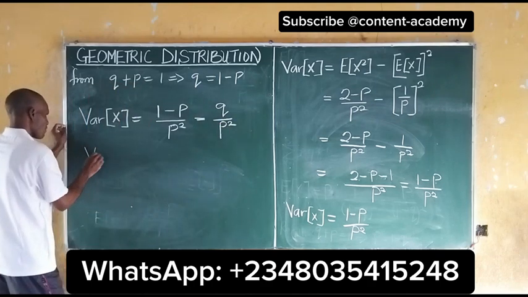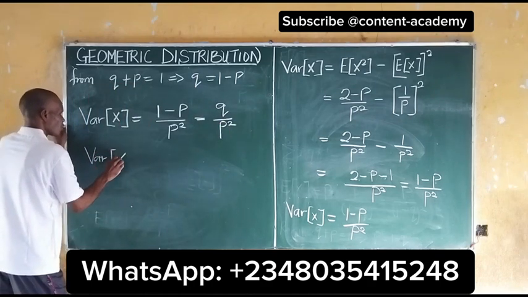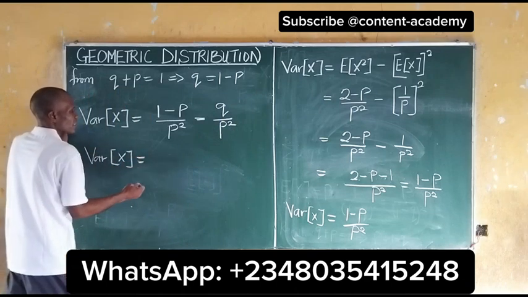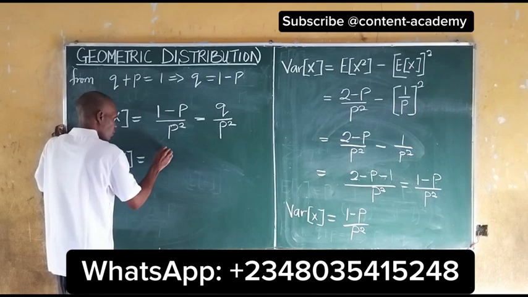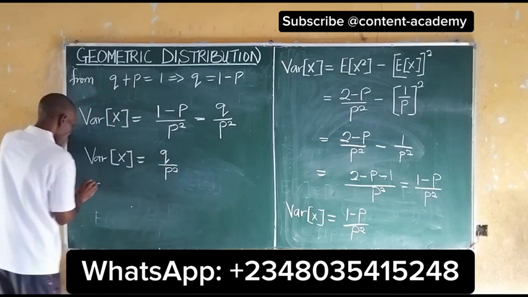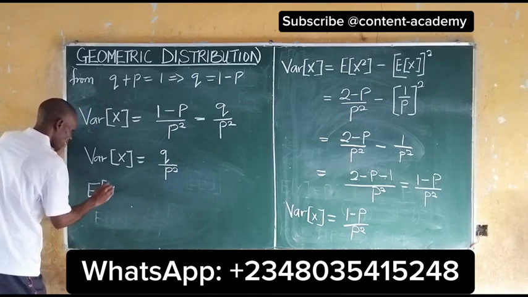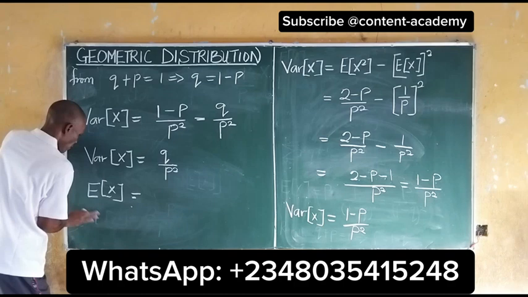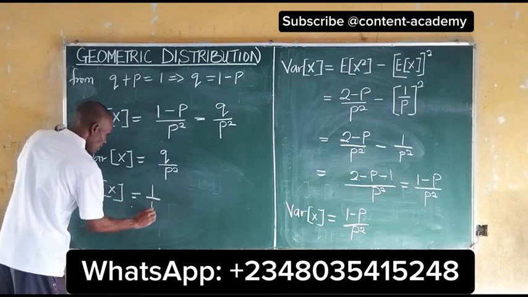It then means that our variance of X for the geometric distribution of the first kind is q all over p squared, while the expected value of X, which we got before, is equal to 1 all over p.